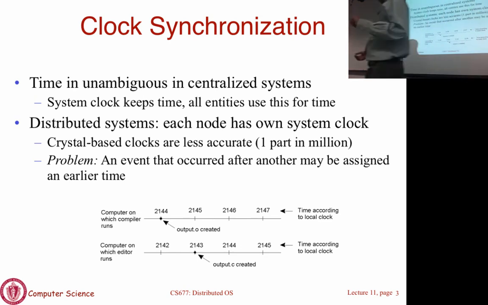But what if the clock on your workstation where you edit is slow? It runs behind the clock on the build machine. Let's say your clock is 15 minutes off. It's 15 minutes behind the build machine. So although in reality you actually edited the file after you compiled, the timestamp that your machine is going to assign it is whatever the local clock says is the time, and the local clock is 15 minutes behind.